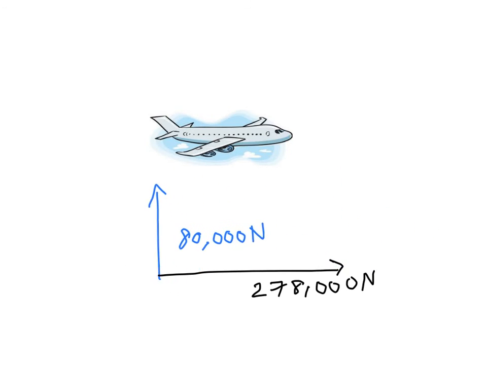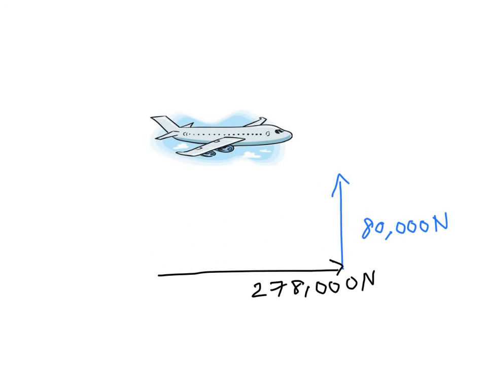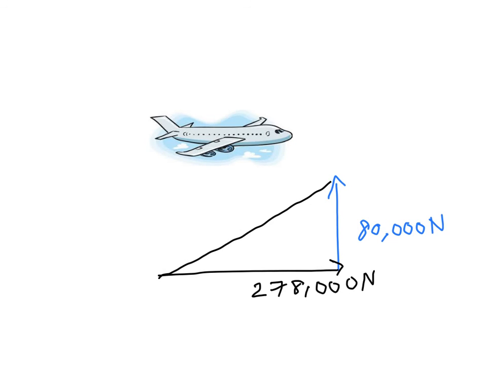So if you move the smaller force to the end of the bigger force, what you end up with is a triangle shape. And if you now connect the start and the end of that triangle, you get the direction of the resultant force. Now you can also work out the size of this force, but that's beyond the scope of this video.